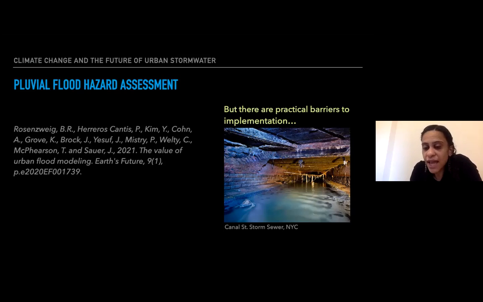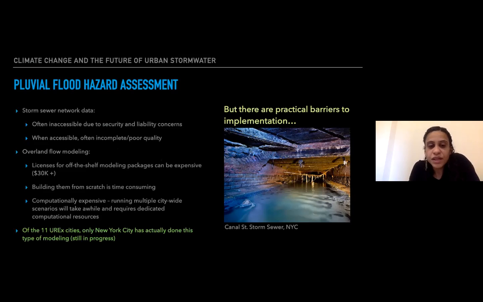And we just don't have reliable data on where our storm sewers are located and how they're operating. When we do have data that's reliable, and no city's data is perfect, even for example New York City's data has gaps because of the age of its system, the data are often inaccessible to researchers due to security and liability concerns.